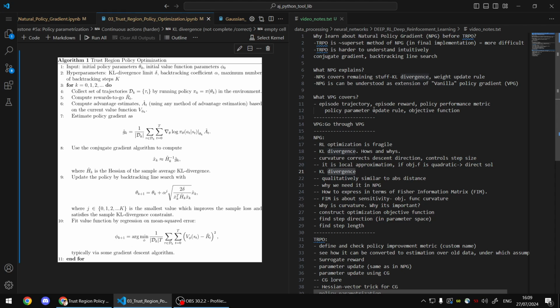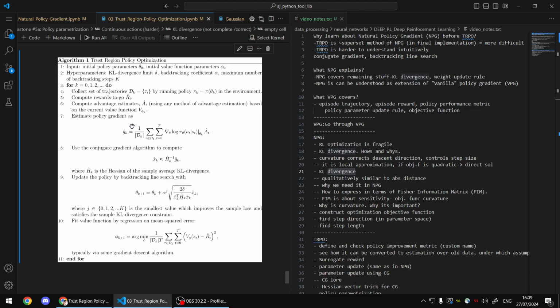So probably you're familiar with most first steps, like how to collect data from the environment, how to form rewards, possibly advantages, value function estimation and such. You've also encountered how to calculate the gradient of a policy.